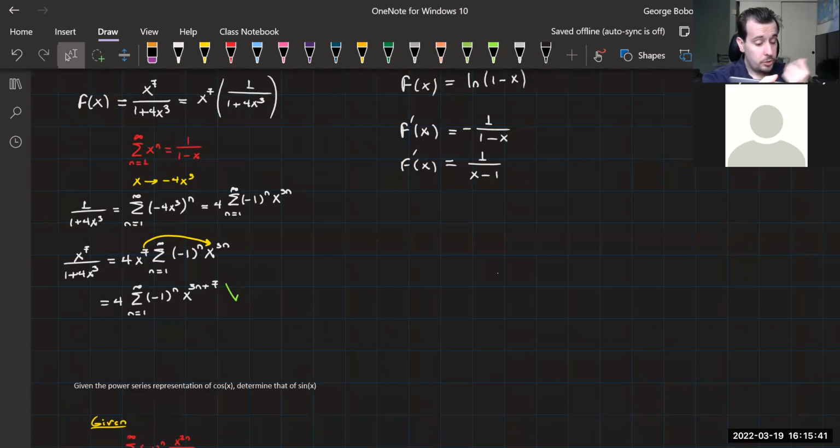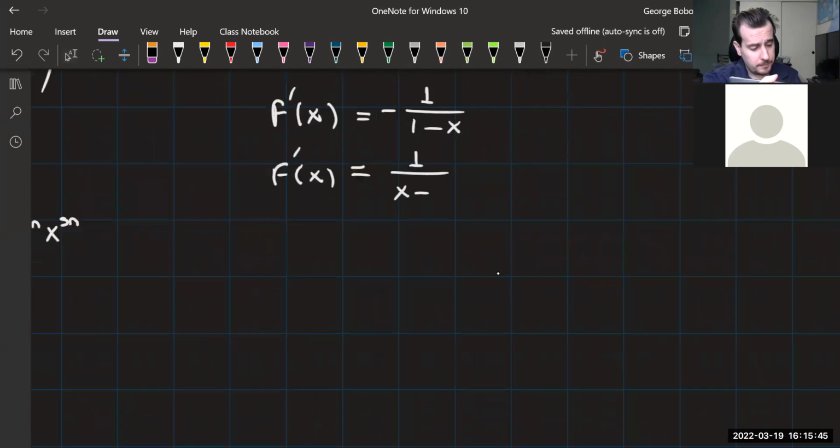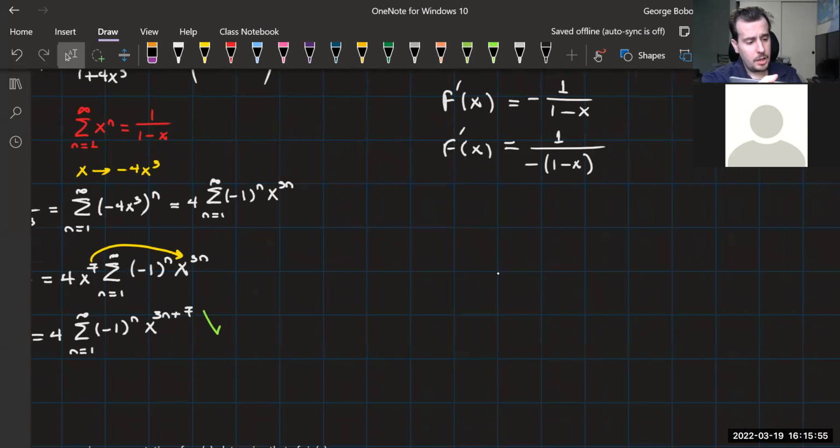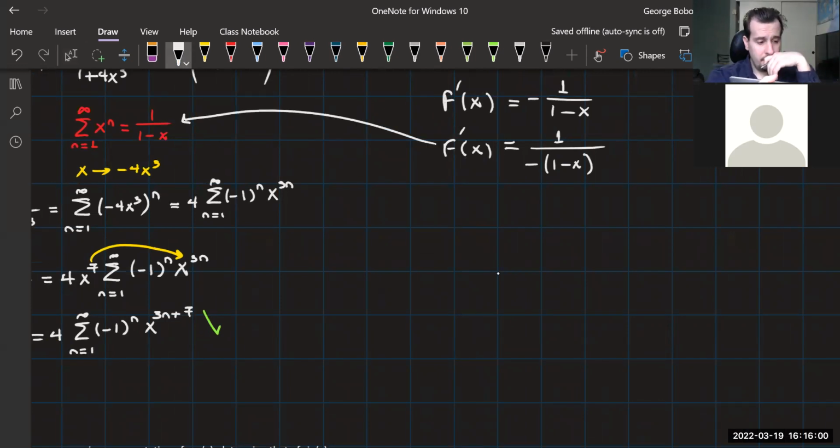So, we're wondering again, what could we do here? Let me write it like this, actually. So negative here, 1 minus x. I just want to keep it like that. Okay, so we have a negative, and we're trying right now to think how we can combine these together, right?